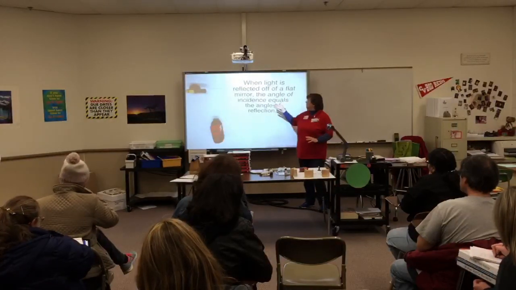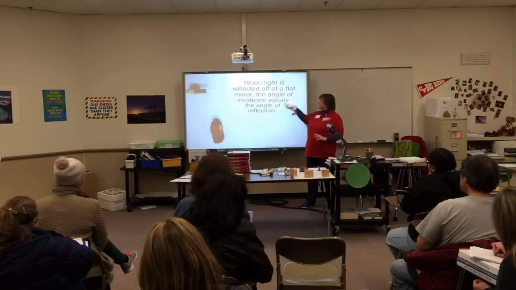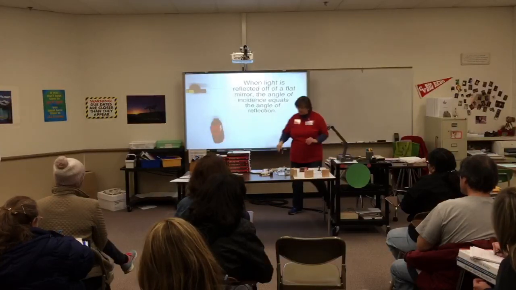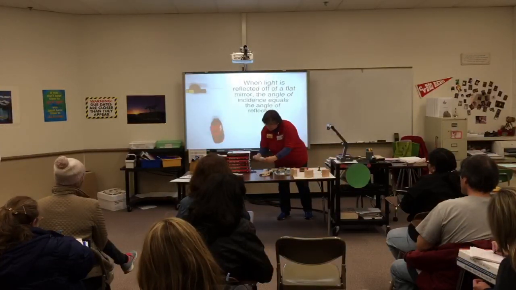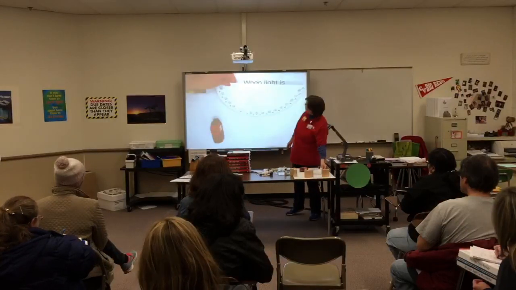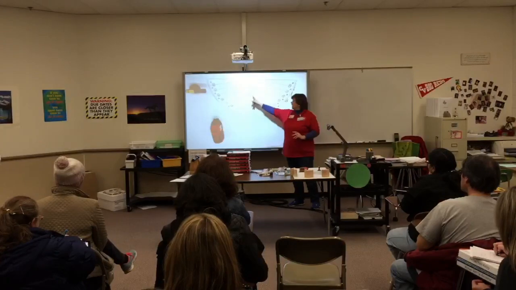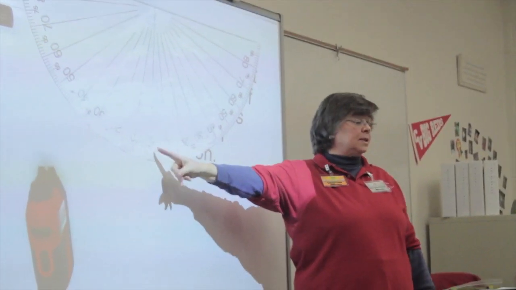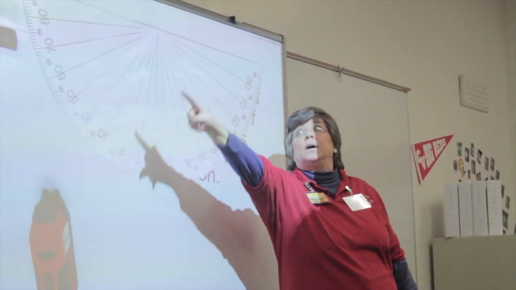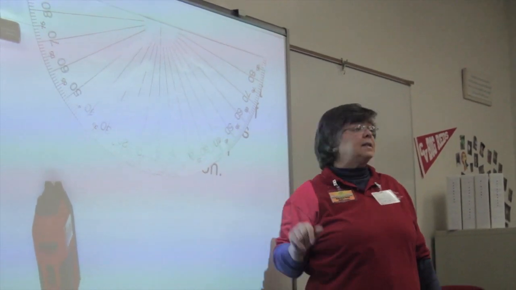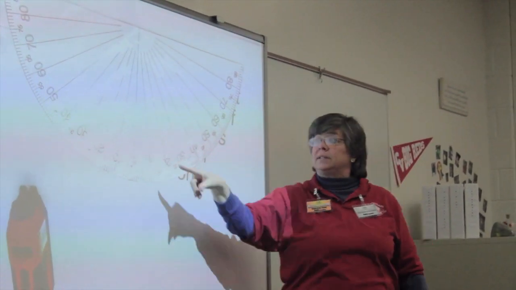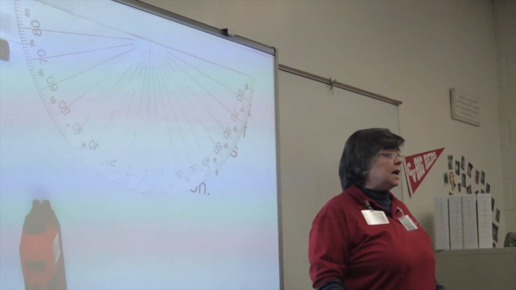The other thing that the kids need to know about the properties of light is that when light is reflected off of a mirror, the angle of incidence equals the angle of reflection. And what that means is, if you have a protractor that looks like this, with 0 in the center instead of going from 0 to 180, and it goes to 90 degrees on this side and 90 degrees on that side.